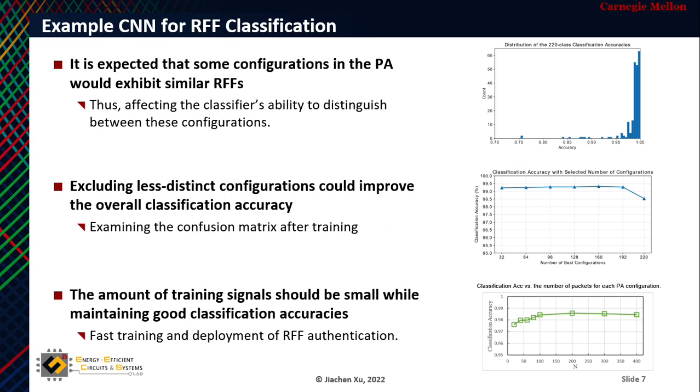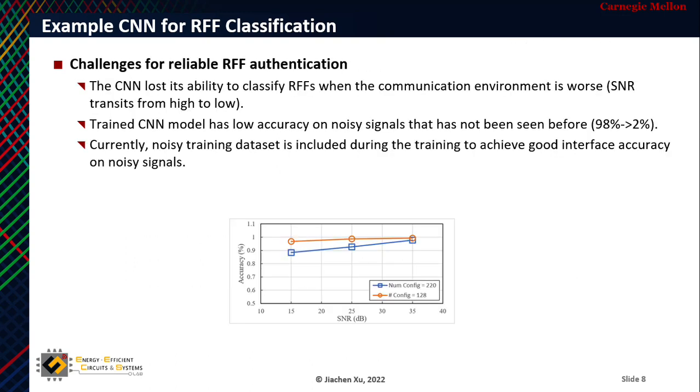Also, it is more desired if the training sample size would be low to make the development and deployment of the system more feasible. We found that the CNN will lose its ability to classify the RF fingerprints when the communication environment is worse, for example, if the SNR transitions from high to low.